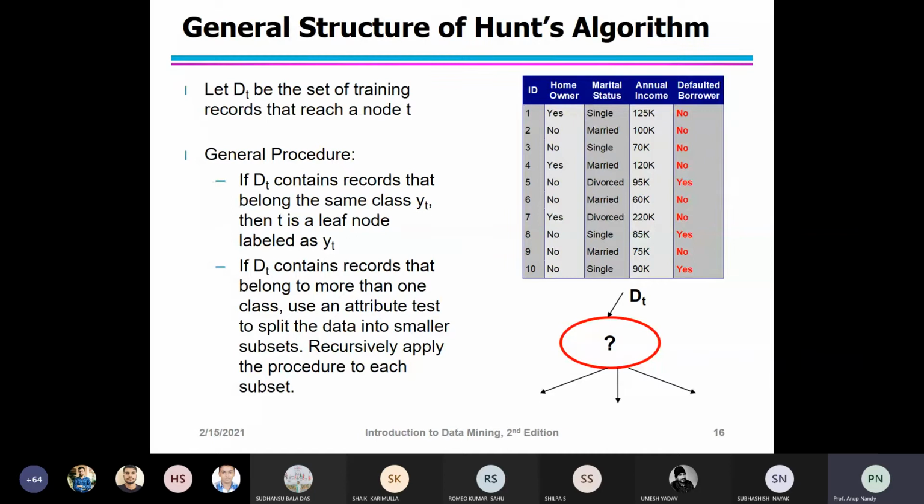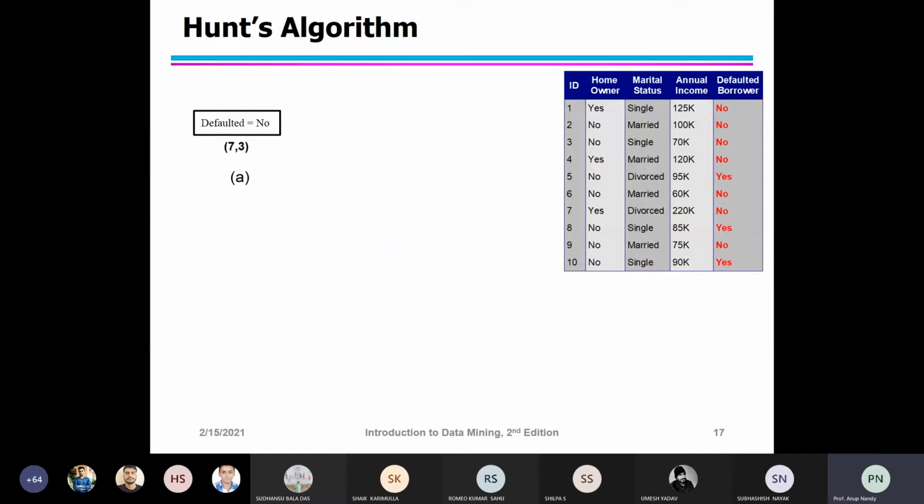Now, the initial tree for this classification problem contains a single node, the root node.